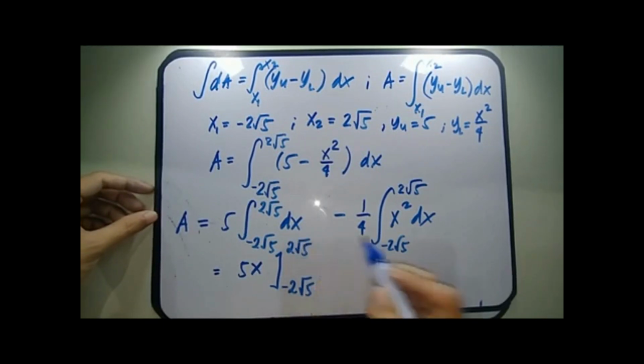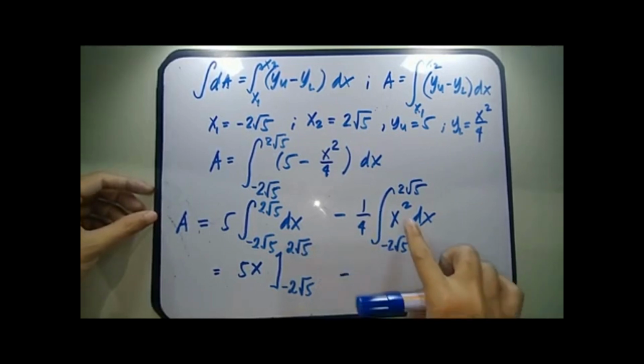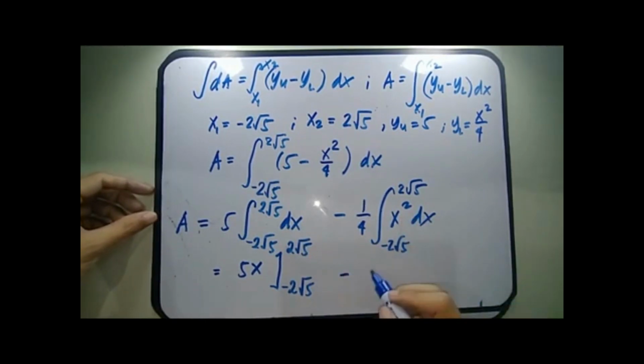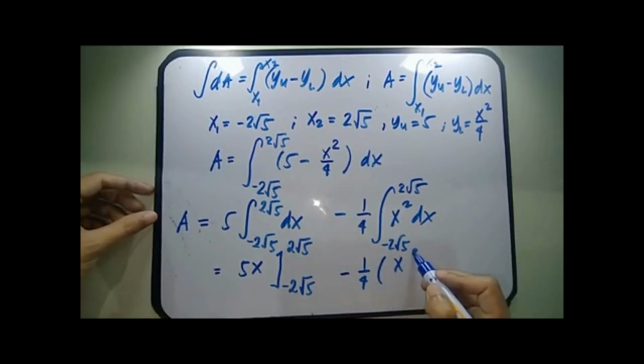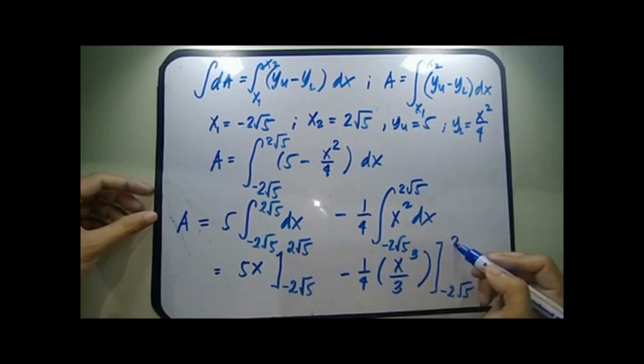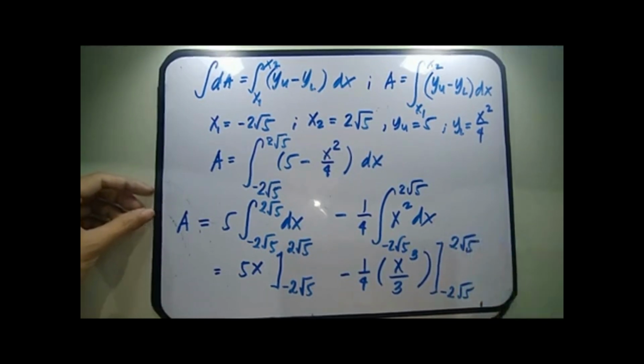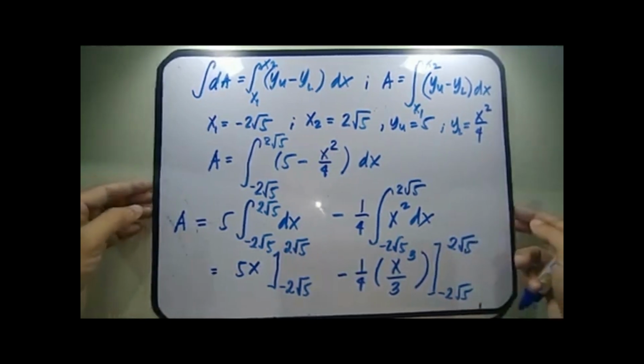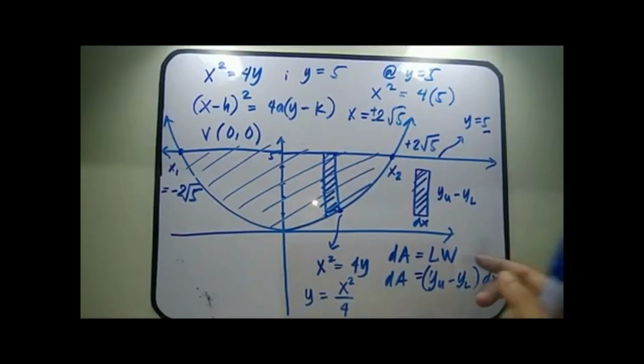The integral of 5 dx is 5x. So the limit is from negative 2 square root of 5 to 2 square root of 5, minus 1/4. So we need to add 1 to the exponent. So this formula is the power formula. So that is x cubed all over 3 from negative 2 square root of 5 to positive 2 square root of 5. So we just substitute all these values. So you subtract the lower limit from the upper limit. So we are required to find this area here.